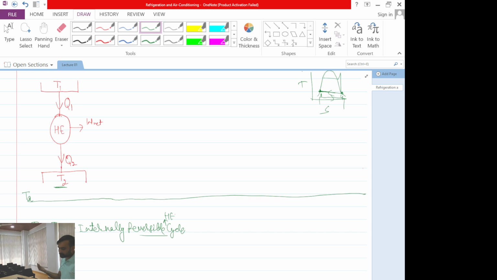And for the process to be externally reversible, this T2 temperature has to be equal to the temperature of the surroundings. Is this point clear? So T2 will be equal to TA for a totally reversible heat engine cycle. All are clear with this point?